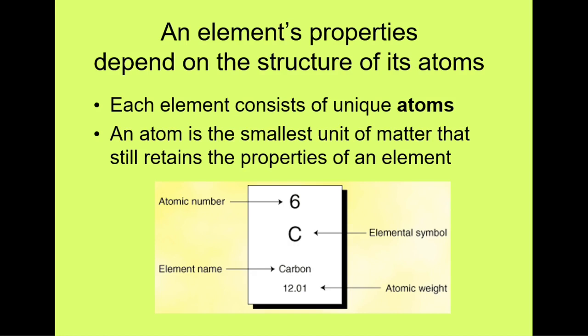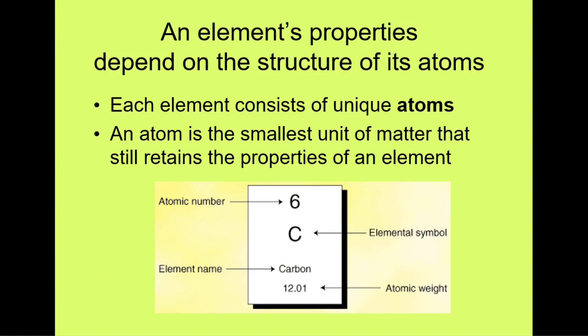It's really important to remember that, because the atomic number, which tells us the number of protons, is the number that will determine what element you are dealing with. So an atom of carbon will always have 6 protons in the nucleus.